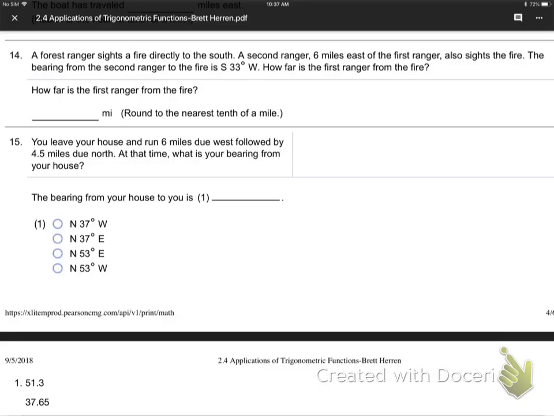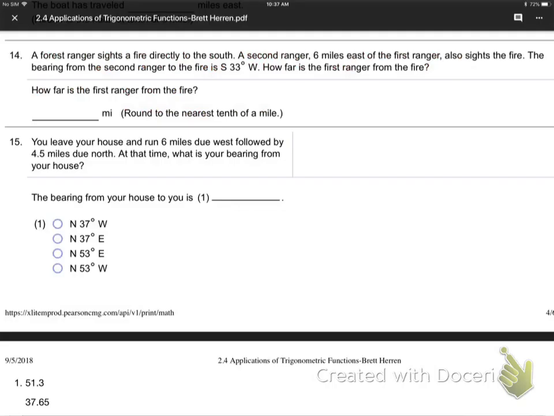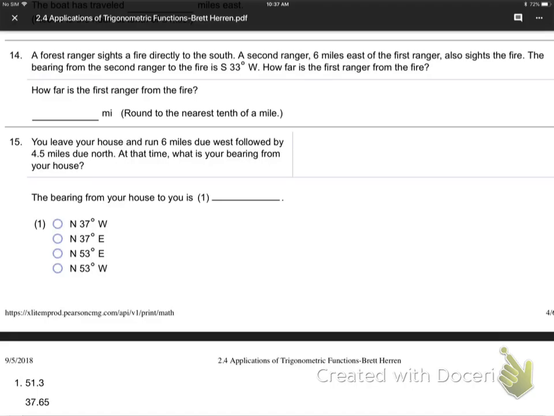Second ranger, 6 miles east of the first ranger, also sights the fire.